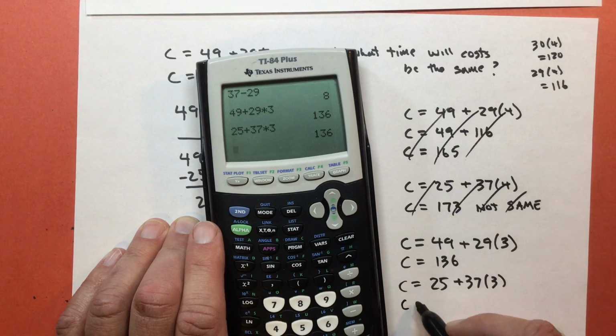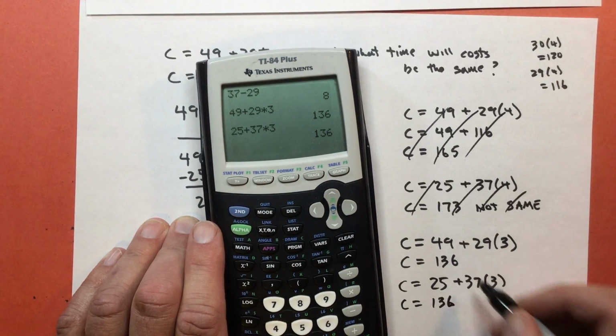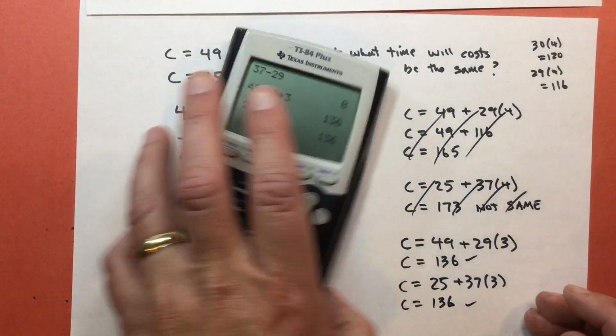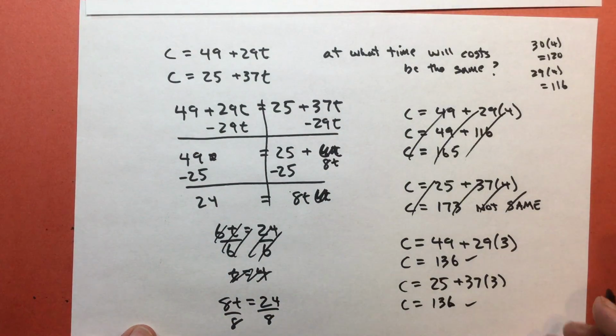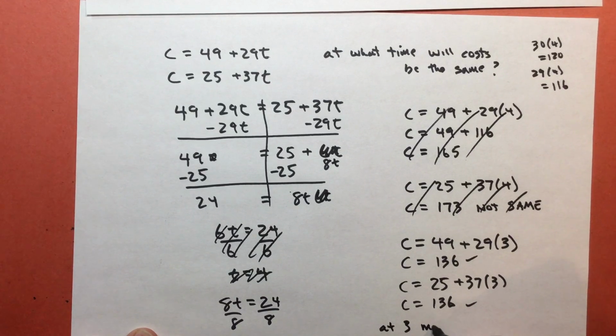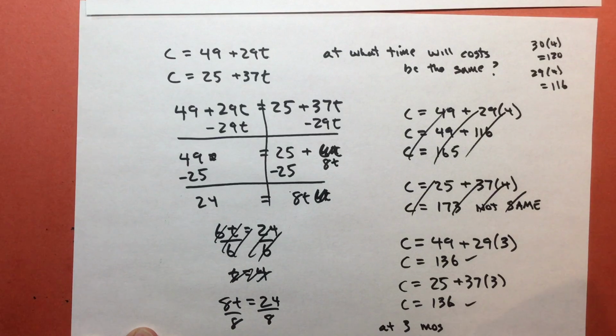That's $136 too. So now I know I've got them right. So at 3 months, both will cost $136.